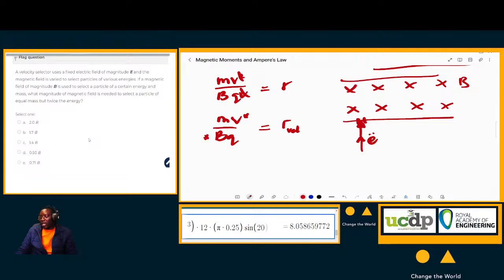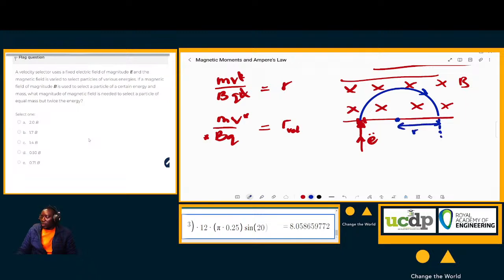So from the moment they enter, they would experience a force to the right, and this force results in something like that. So this is the path the electrons will follow, and from that point, this is the radius that we are saying we calculate.